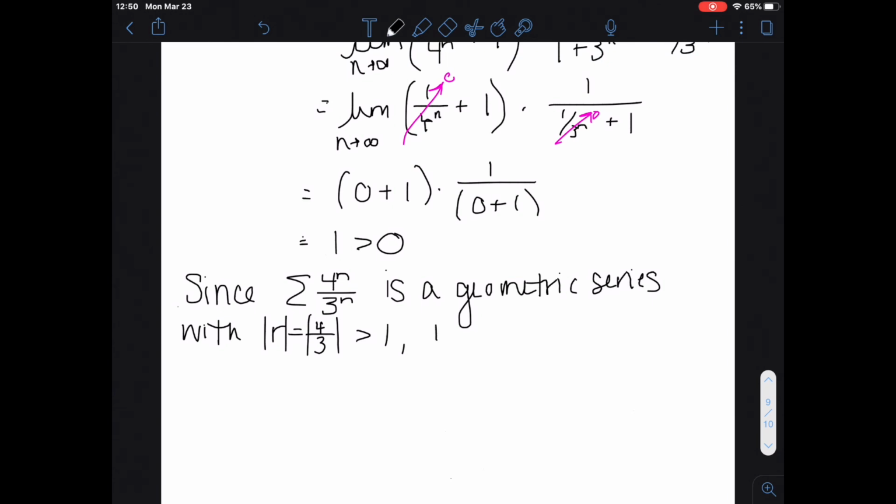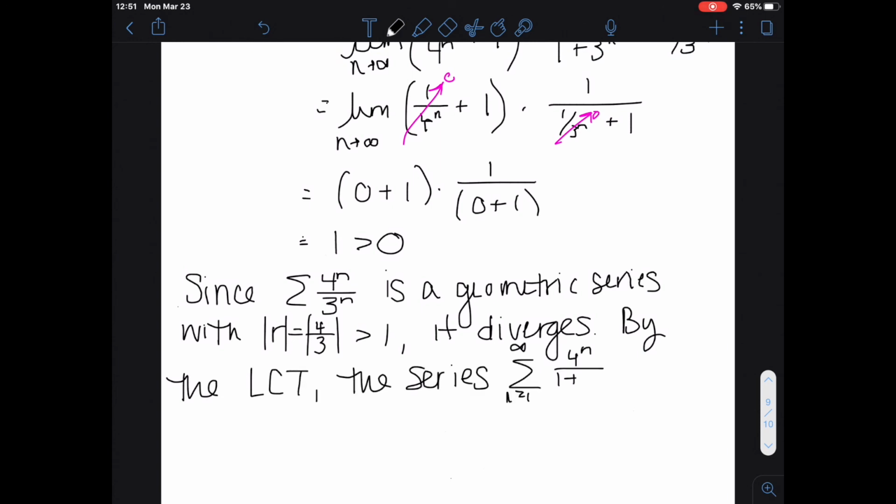It diverges. So the series we started with grows at a similar rate to this divergent series. So we can say by the limit comparison test, the series we're given, the sum from n equals 1 to infinity of 1 plus 4 to the n over 1 plus 3 to the n, also diverges.